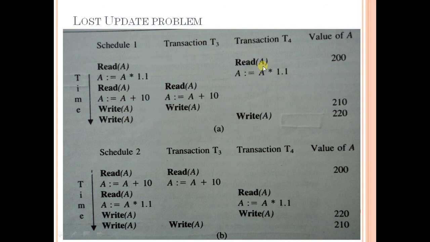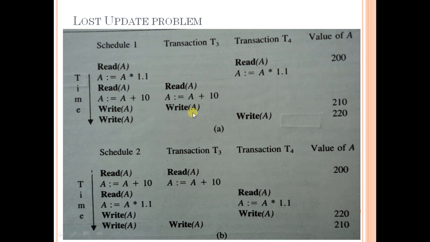It has read A. A is 200, so it will become 220 in RAM. It is still not written. Now it will read A again. As you can see, read A is always done from hard disk. So it will read again from hard disk, that is 200, so it will become 210.